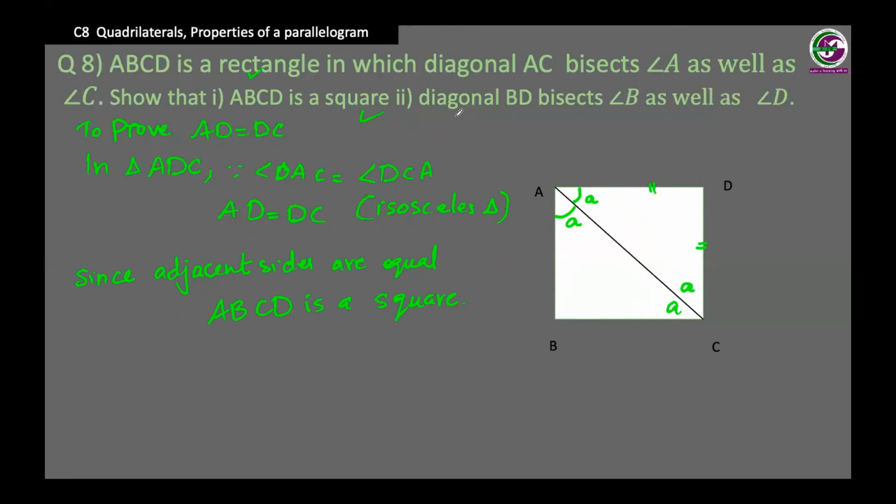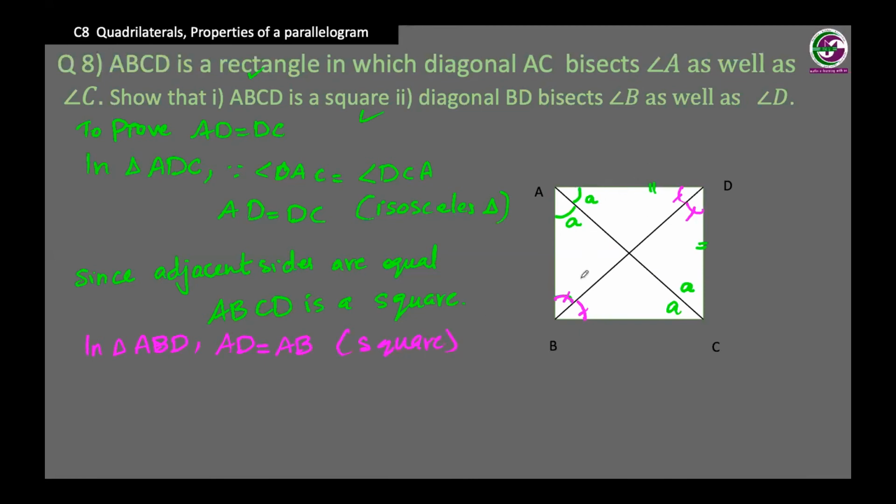Now the last part we have to prove is diagonal BD bisects angle B and D. So let us join BD. We have to show that it is bisecting angle B as well as angle D. In triangle ABD, AD is equal to AB because it is a square. In a square, all sides are equal.